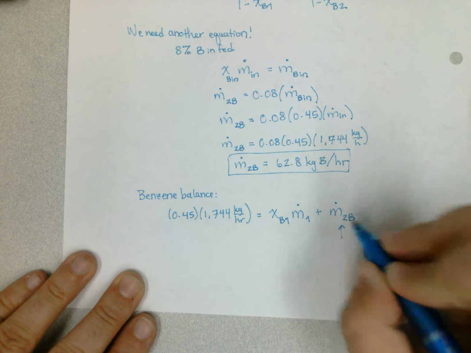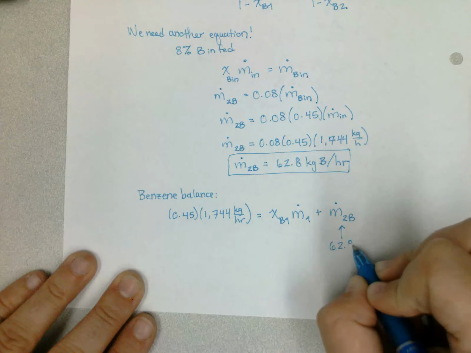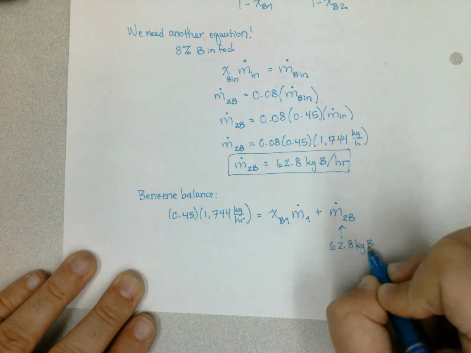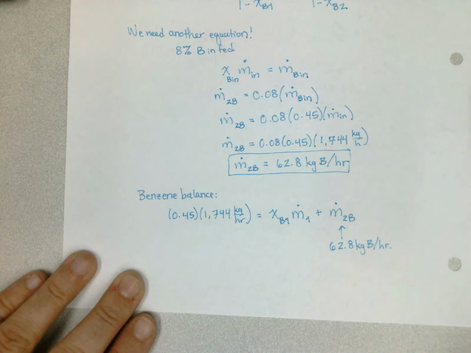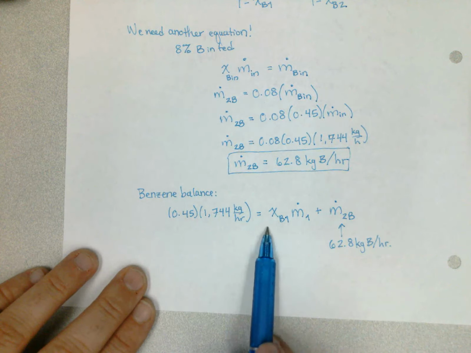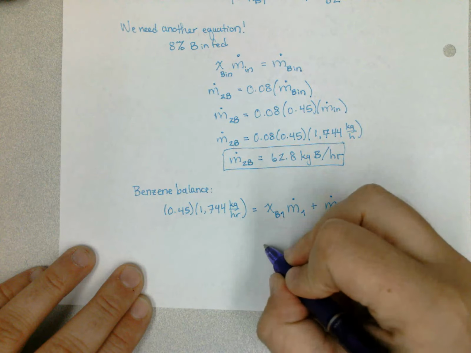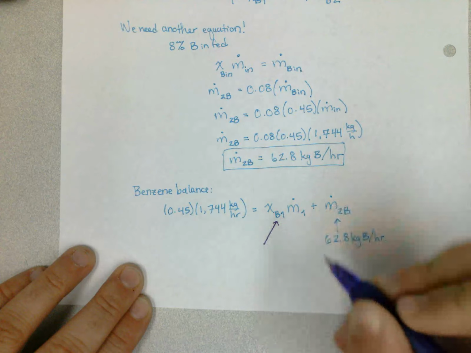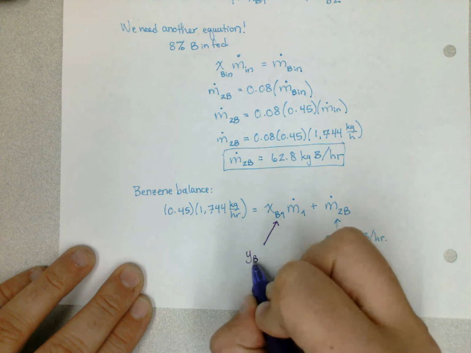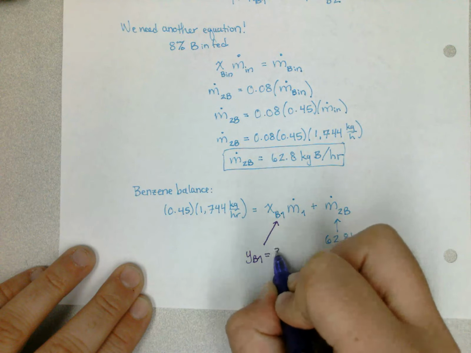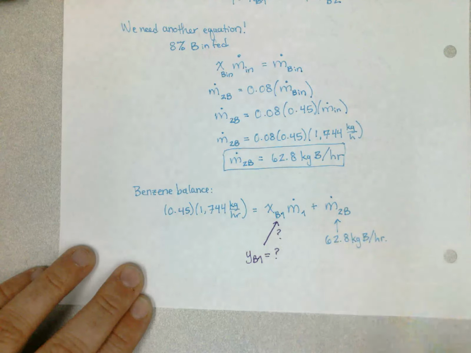And so that number right there is the 62.8 kilograms of B per hour. So now if we think about strategy moving forward, here's the next part of the video. This we need to find using YB. How do we go there?